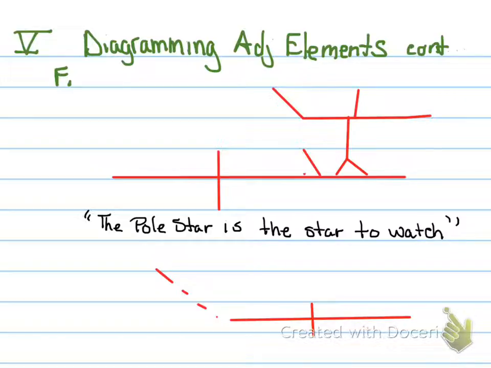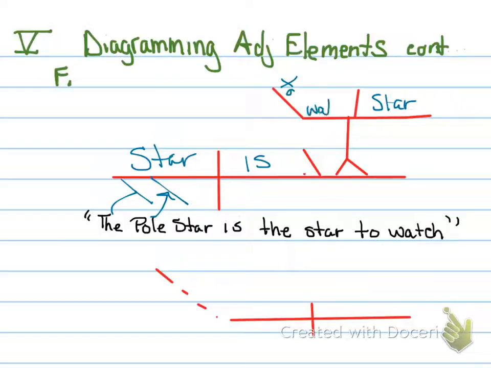You can reverse that and say the star to watch is the pole star. So we have the pole star, and our adjectives here, the and pole, our linking verb is, the star, and our infinitive is to watch.